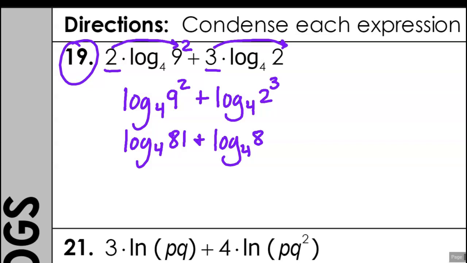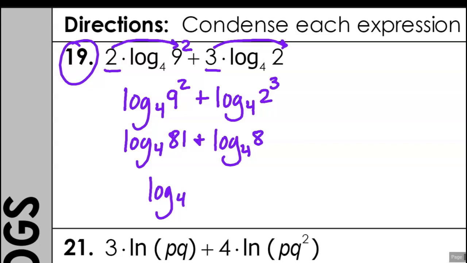How can I condense this? How can you take two logs of the same base that are added together and make it into a single log of the same base? What do you do with those numbers? It's not quotient. Quotient is when you have two logs being subtracted. Right, the product property.